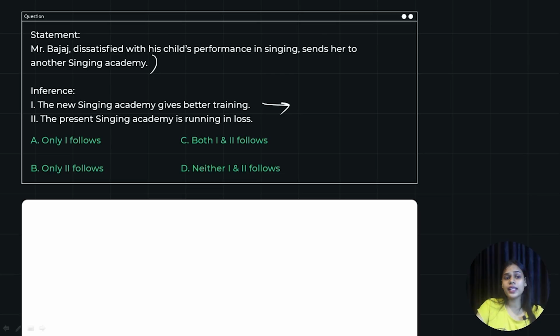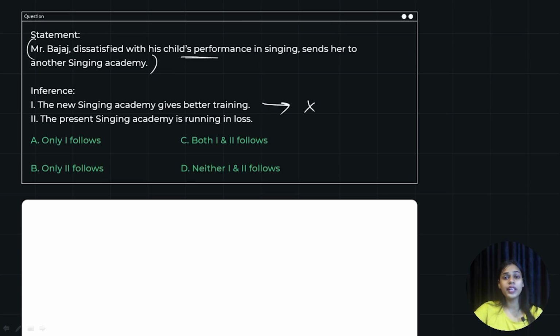Do you think that in the entire statement, there is anything about the institute or the academy not doing properly or not giving a good training, or the first one not giving a good training and the second one giving a better training? No. It just says that child's performance was dissatisfying. So we cannot say that the new singing academy will be better in training, right?